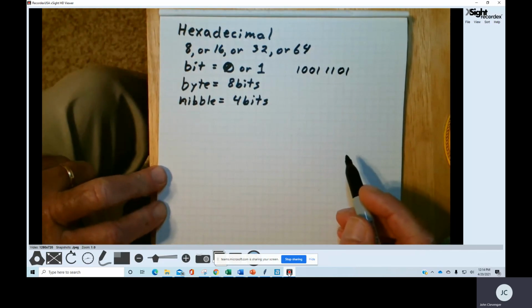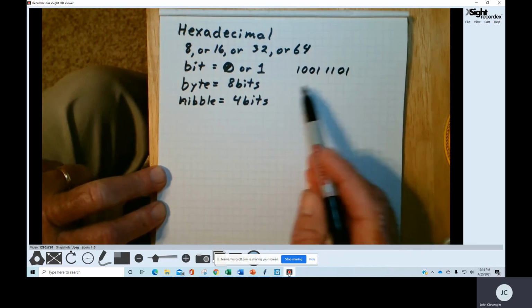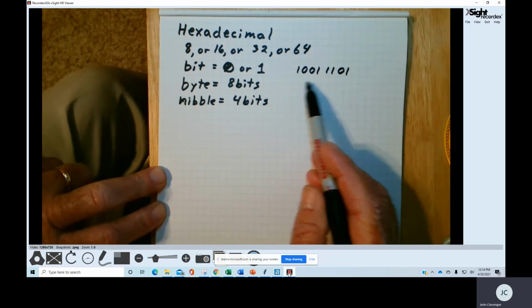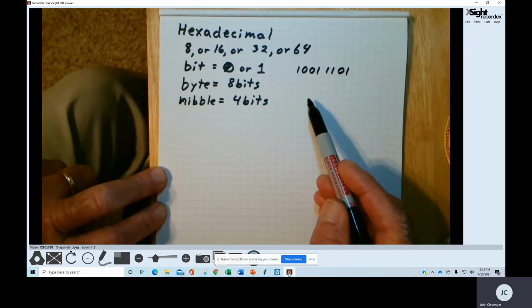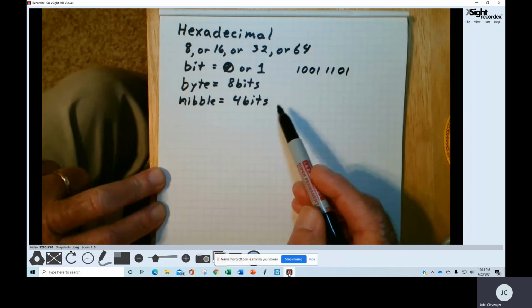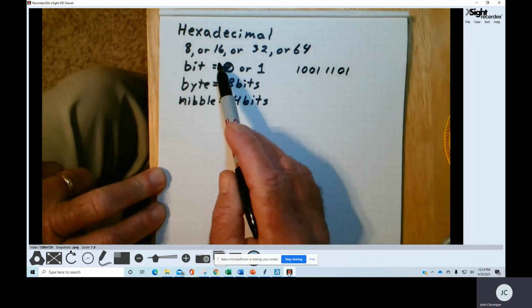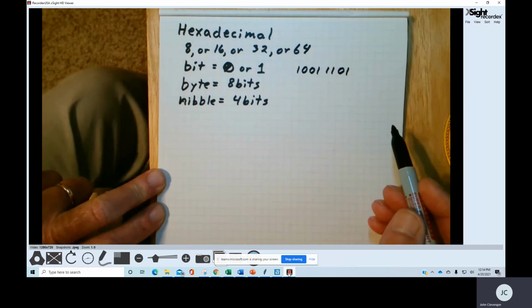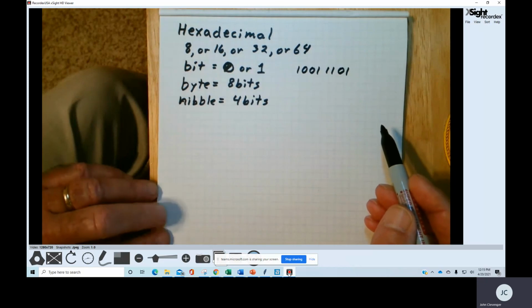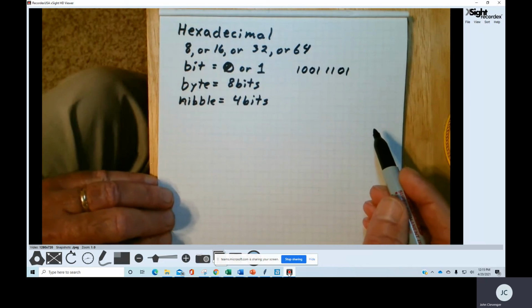We would be prone to making errors if we had to record this information simply as a series or string of ones and zeros. Now with 8 bits it's not so bad, but when we get to 16 bits or 32 bits or 64 bits, then it's problematic to say the least.